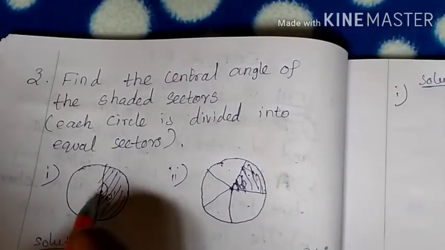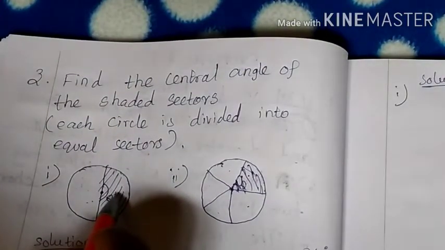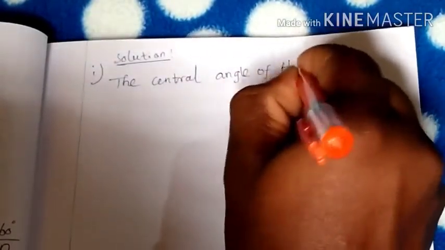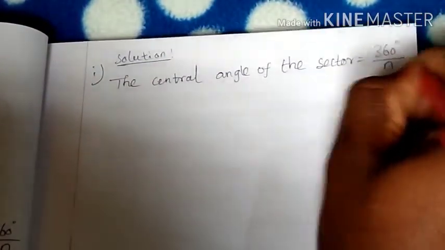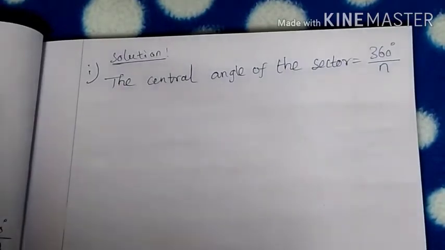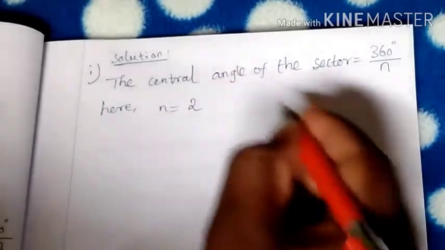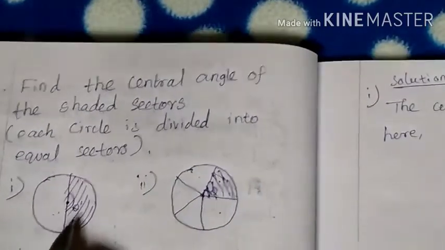Okay. Solution of this. The first question has 2 equal parts. So n is equal to 2. We know that the central angle of the sector is equal to 360 degree divided by n. This is your formula. We already know. So here n is equal to 2 because the number of sectors are 2 in the figure.